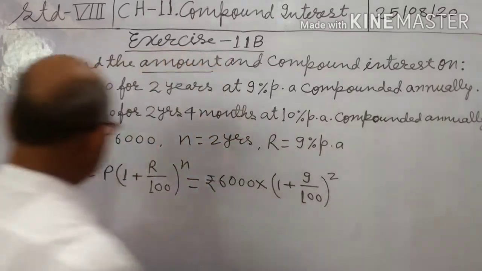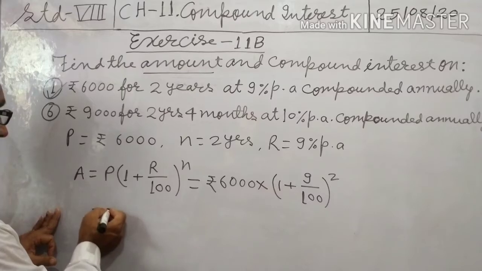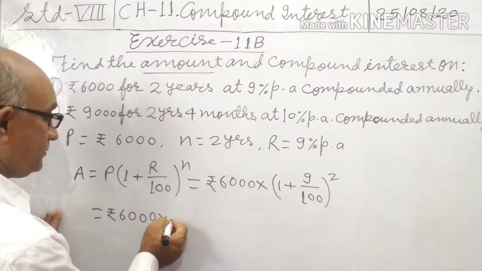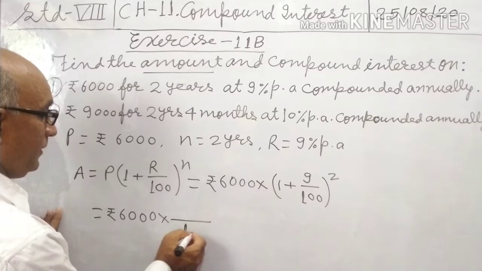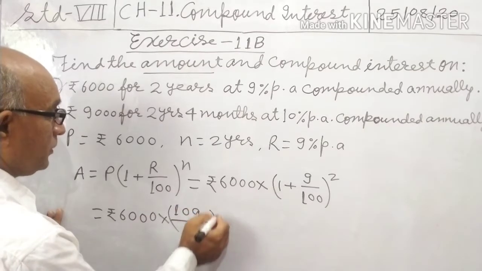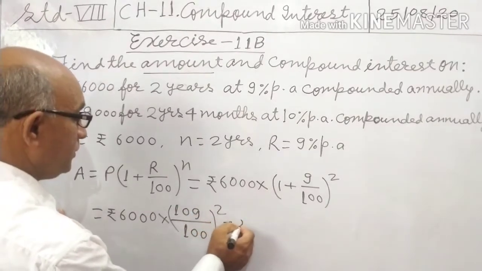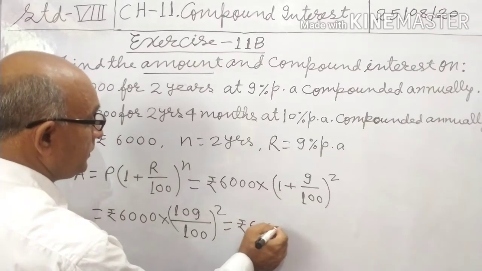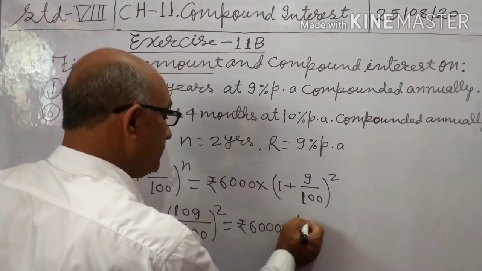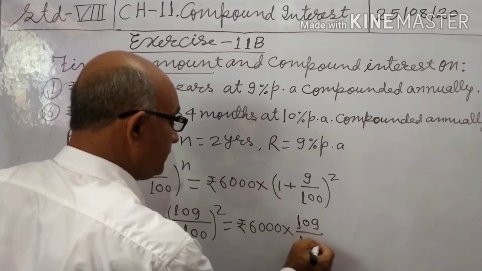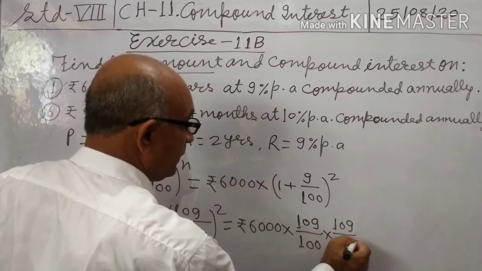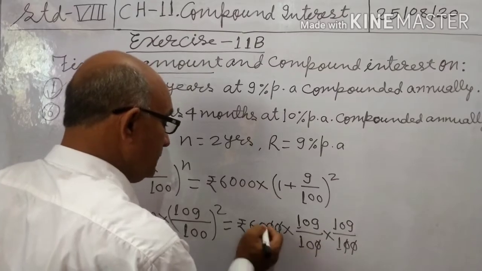Now next step: rupees 6,000 into 100 LCM, so 100 plus 9, 109 to the power 2, equal to rupees 6,000 into 109 by 100 into 109 by 100.